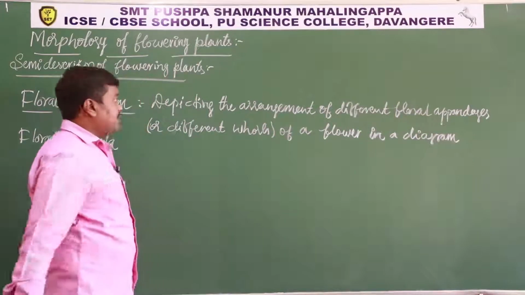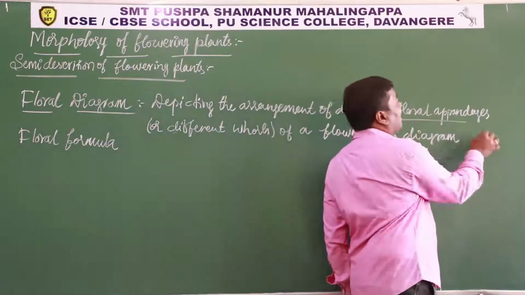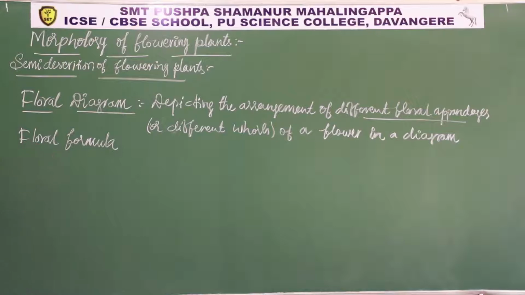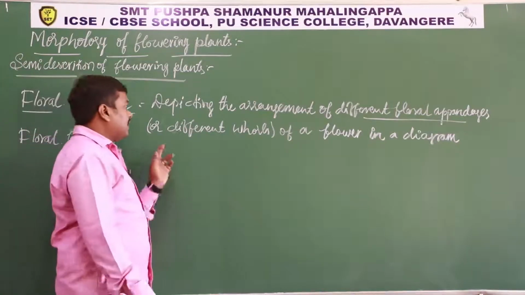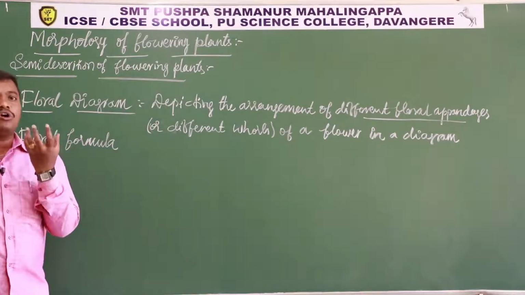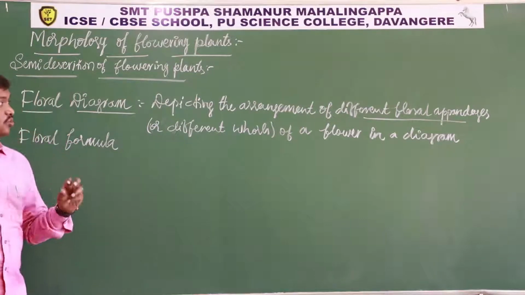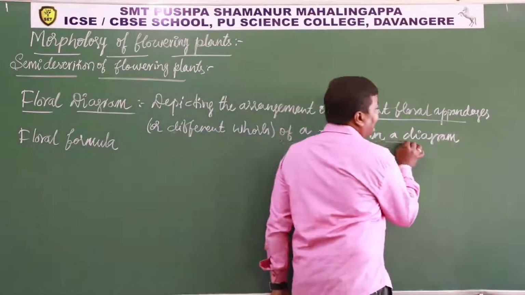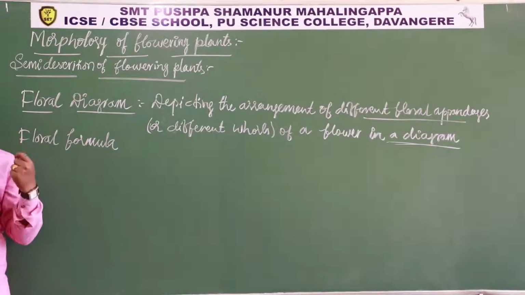Different floral appendages refer to calyx, corolla, androecium and gynoecium, and also the bract. The whorls are: the outermost whorl is the calyx, the second whorl is the corolla, the third whorl is the androecium, and the fourth whorl is the gynoecium, which is present at the center. That should be written in a diagram. So that diagram is called a floral diagram.